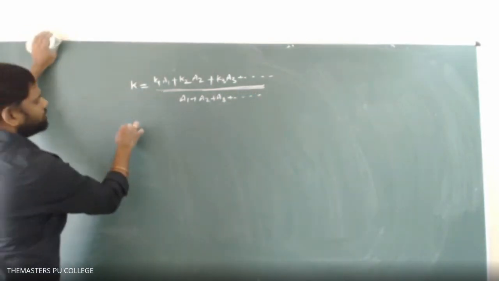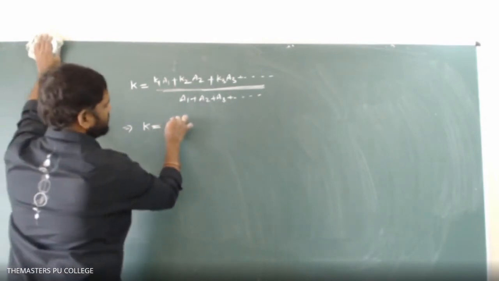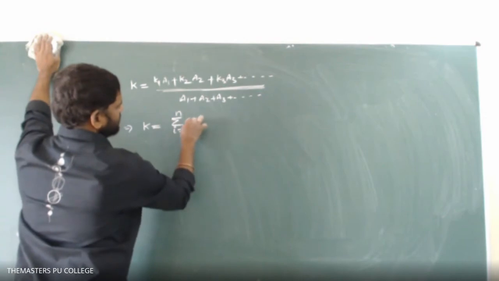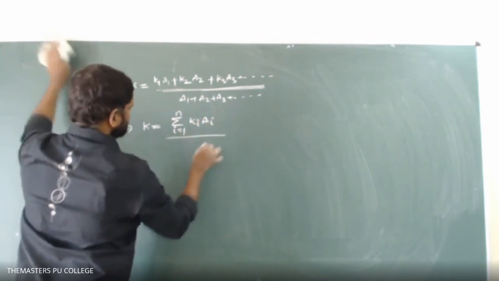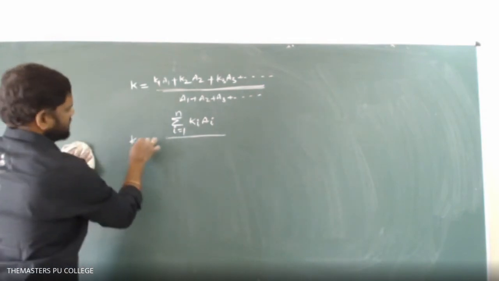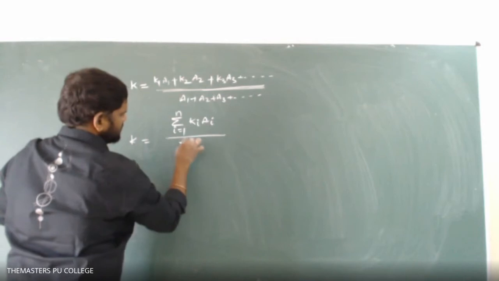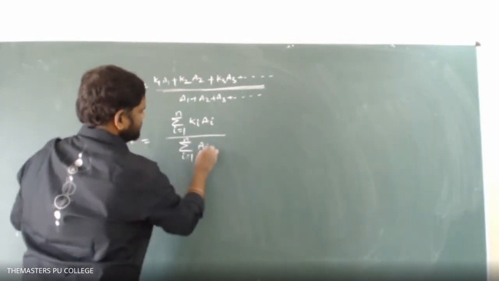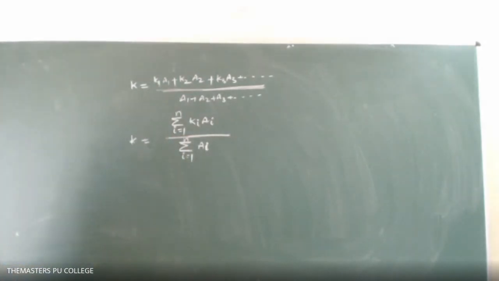So that implies K equals the sum from i equals 1 to N of Ki Ai, divided by the sum from i equals 1 to N of Ai, we can write.